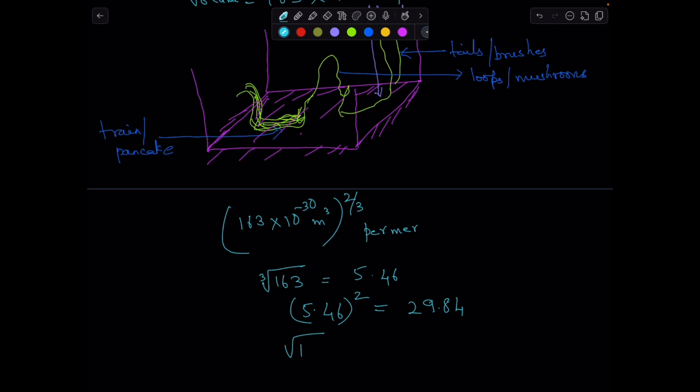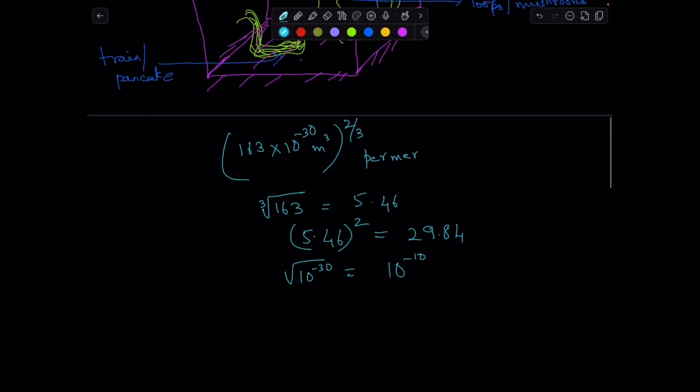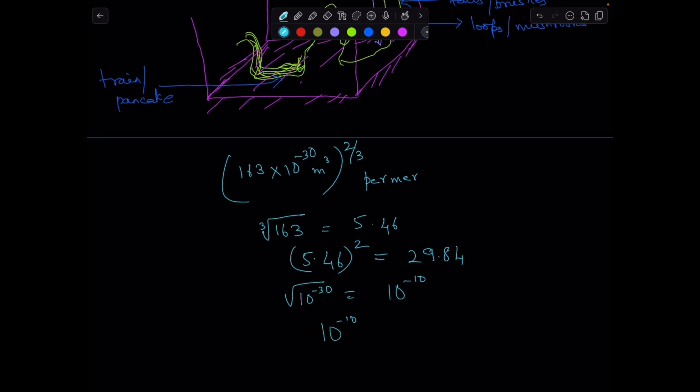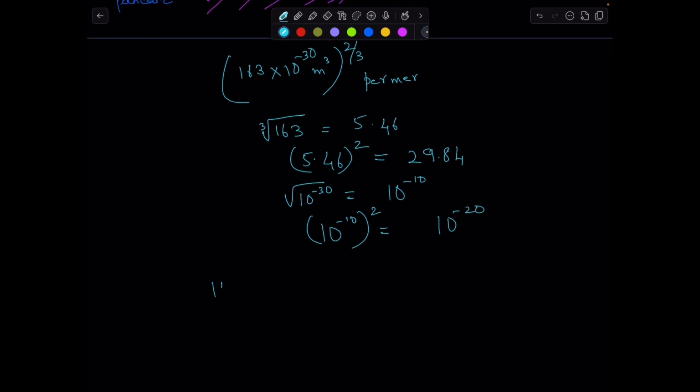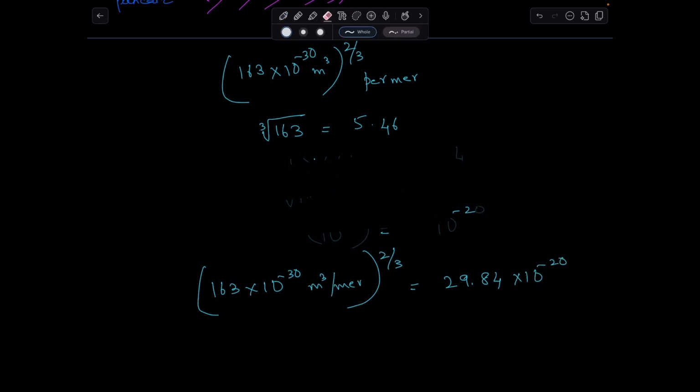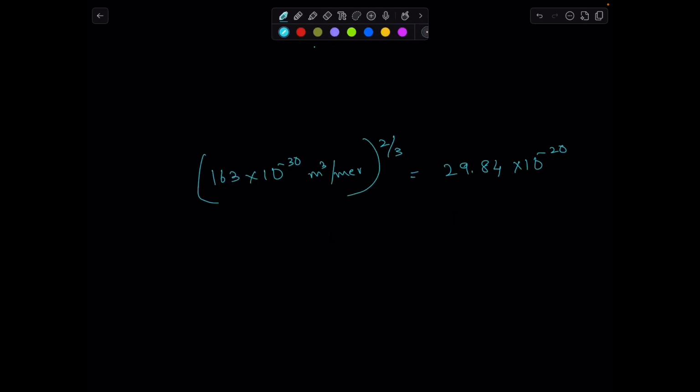The cube root of 10 to the negative 30 is 10 to the negative 10, and if we square 10 to the negative 10, we get 10 to the negative 20. So we have 163 times 10 to the negative 30 meter cube per mer to the power 2/3 is 29.84 times 10 to the negative 20, or 2.984 times 10 to the negative 19 meter squared per mer.